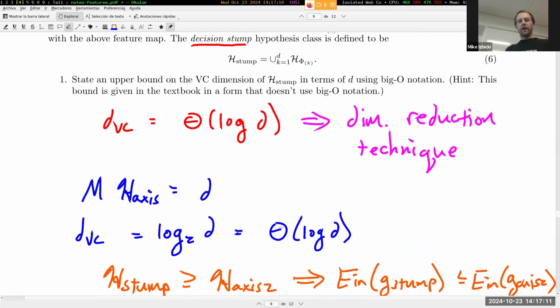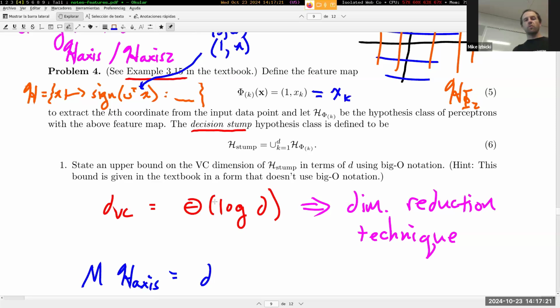Why is it theta log D and not O of log D? And your question here is for the blue, for the decision stump, why did I put theta here? Let's see, so it is true right here what I've written about it being theta.